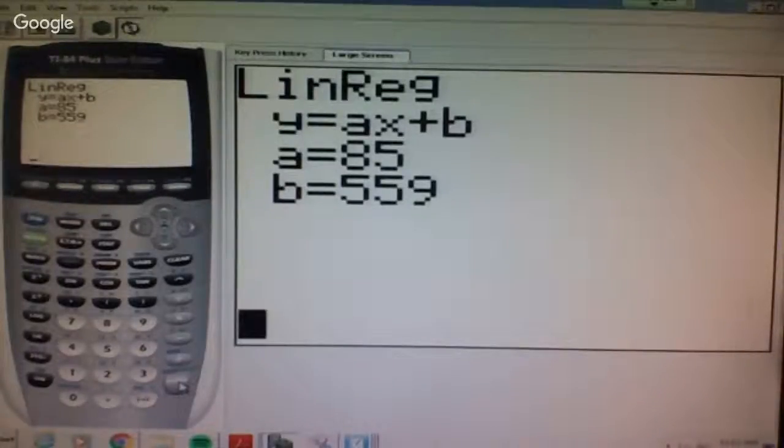So when I plug this in, my sequence starts at 559. That's my P sub 0. My sequence is increasing. My D value is 85. So my equation for that one is Y equals 85X plus 559. That's your equation.